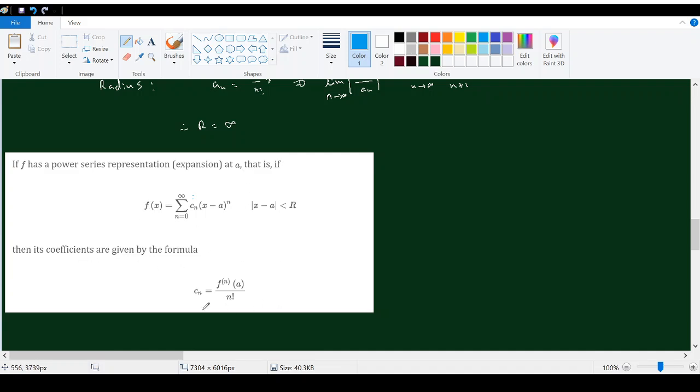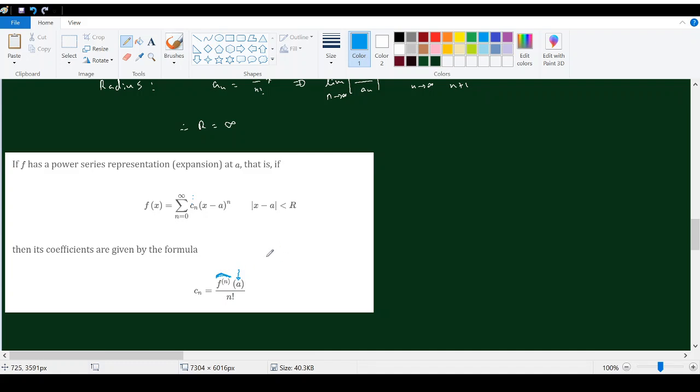And here is the direct formula that you can use to evaluate the coefficients of the required power series. So here you should notice that you should evaluate the derivatives at a now, and also you should be familiar with this symbol or the notation, right?